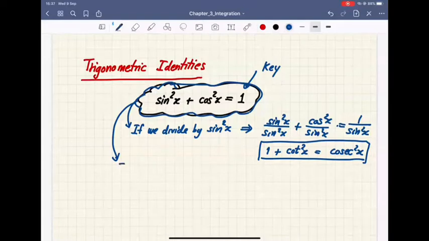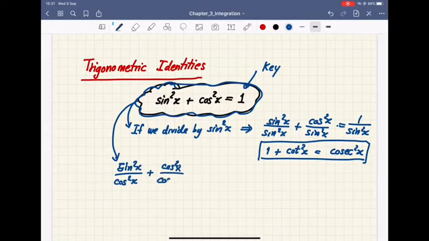The same thing if I divide everything by cosine square. See what you get: tan square x plus 1 equal to secant square x.